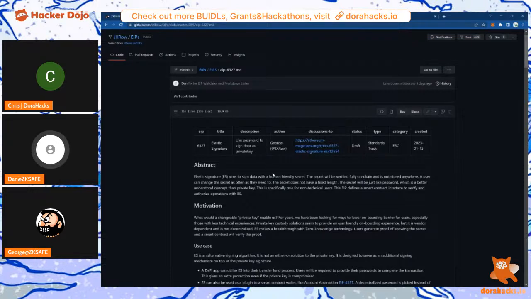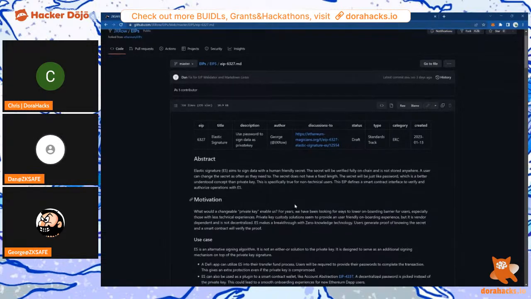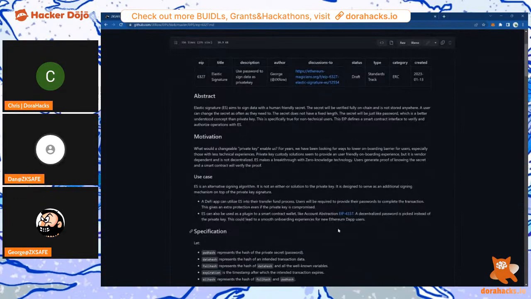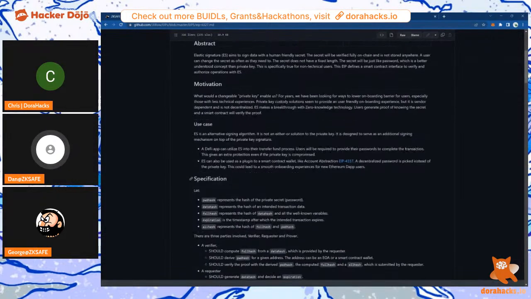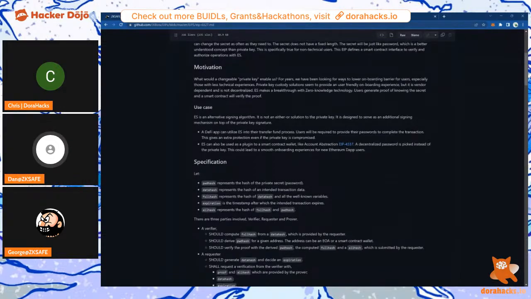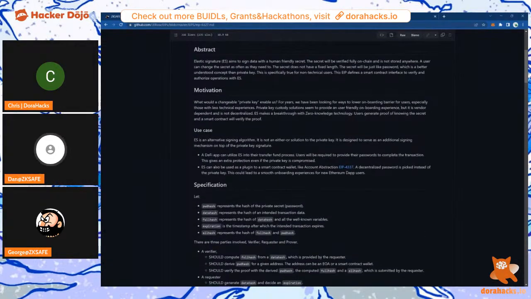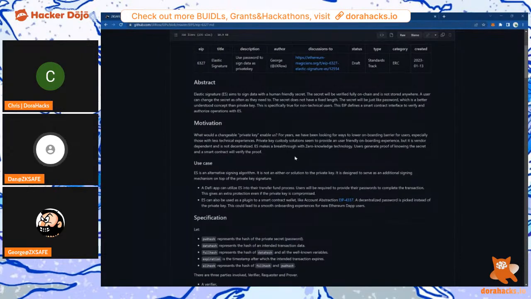So what we want to do is introduce this concept with a contract, with an interface, and let other contracts implement and use it. That's the motivation behind our EIP. A DeFi app can utilize this elastic signature with the transfer fund process.